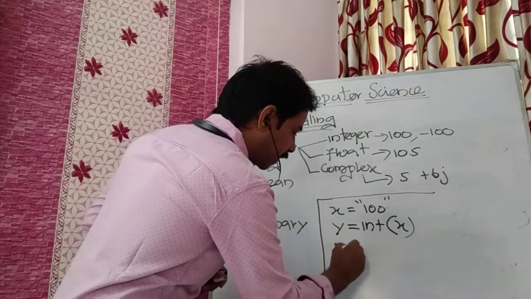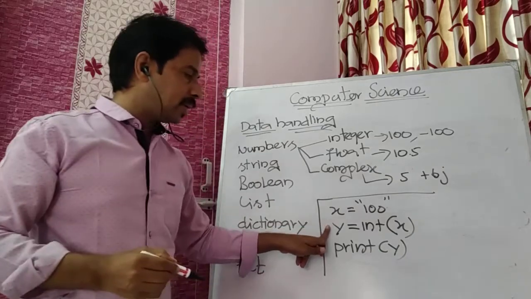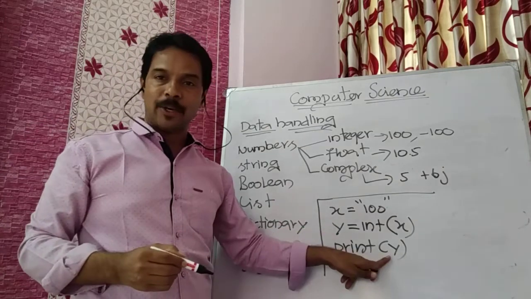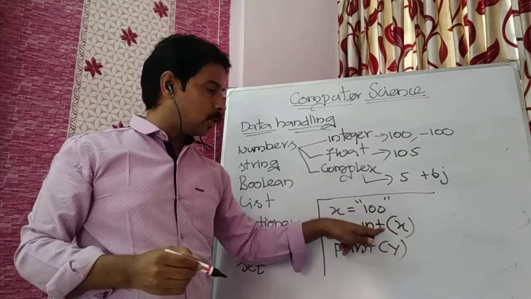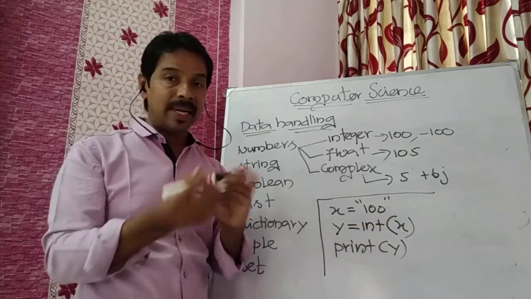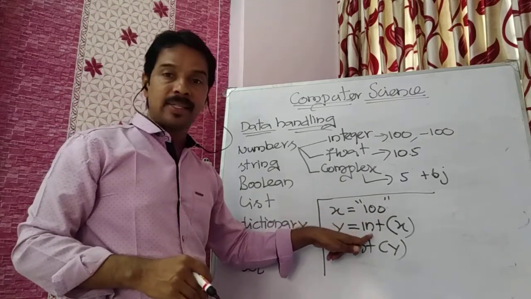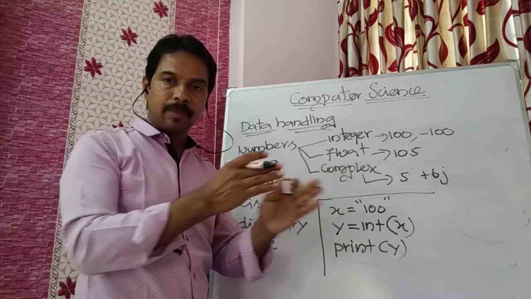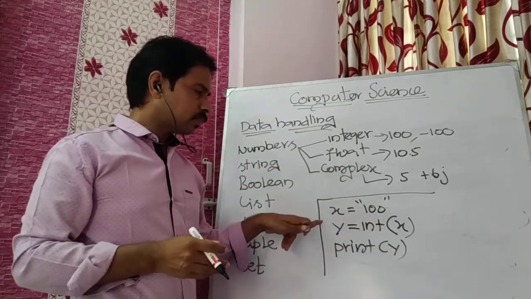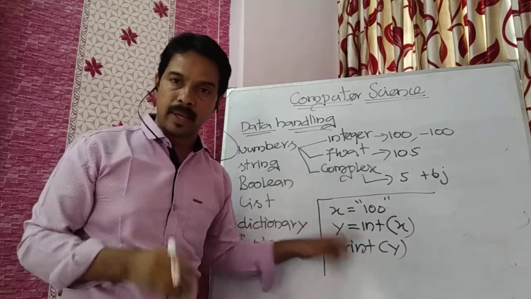When you print y, you are printing a purely integer value. This x is a string, and you are converting the data type from string to integer. This is the syntax of converting from one data type to another.